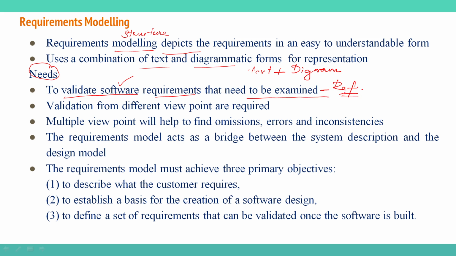Then validation from different viewpoints. We have already discussed the different viewpoints. For example, we have 3 levels. From where you see the requirement, the nature of the requirement will be different, so we have to examine from all the viewpoints. Multiple viewpoints help to find omissions, errors and inconsistencies.